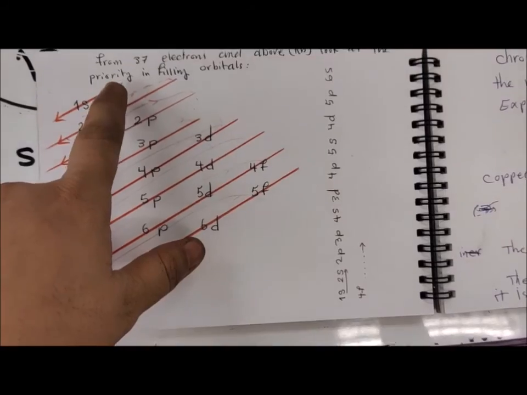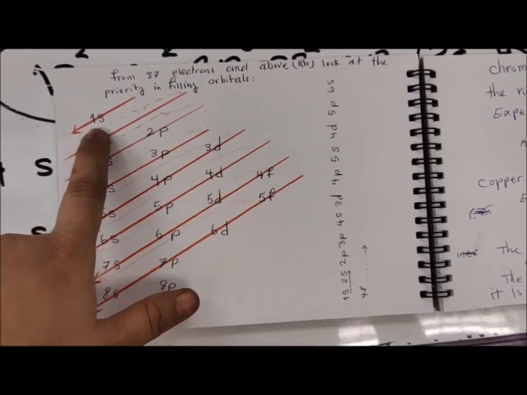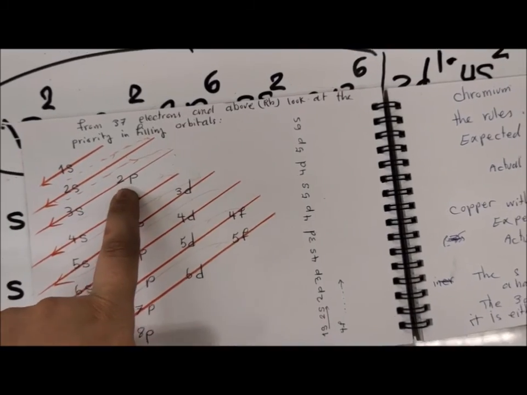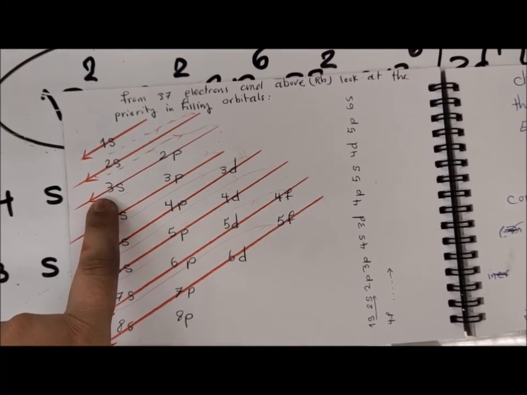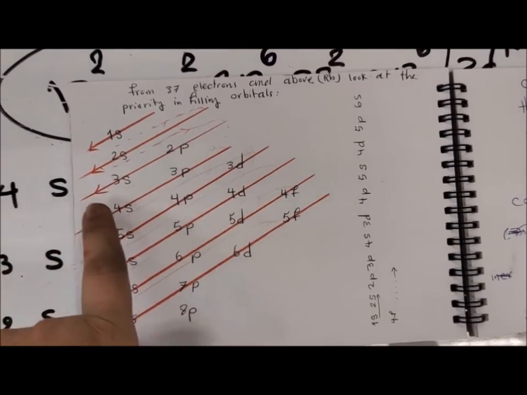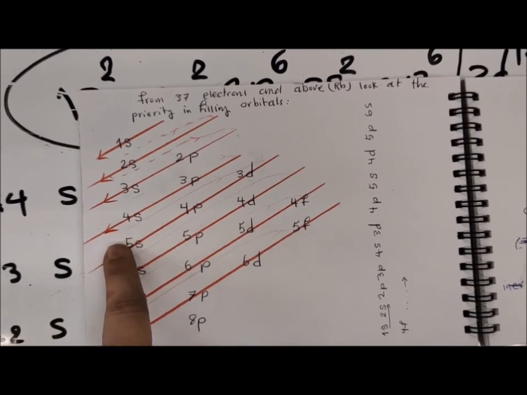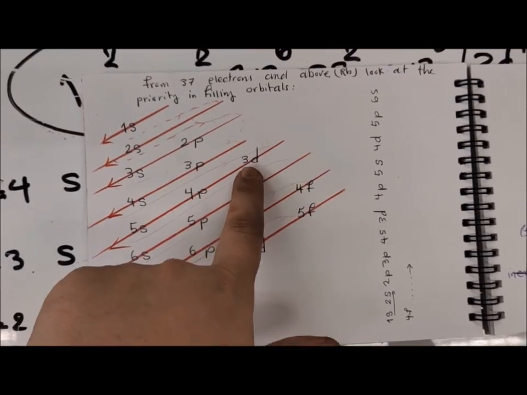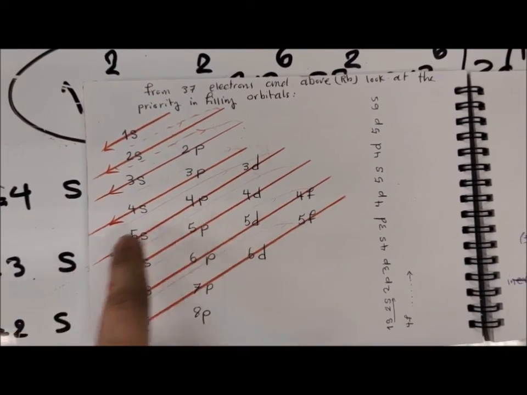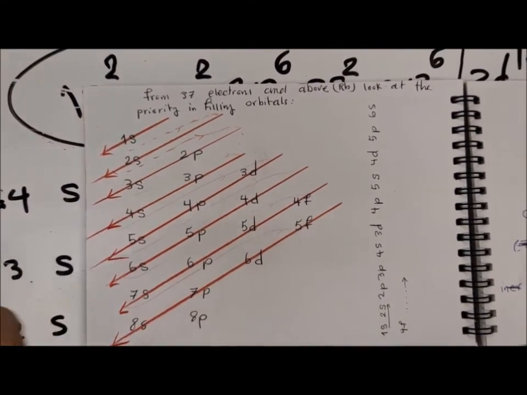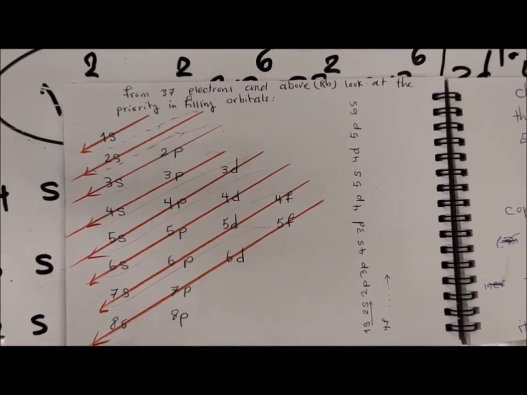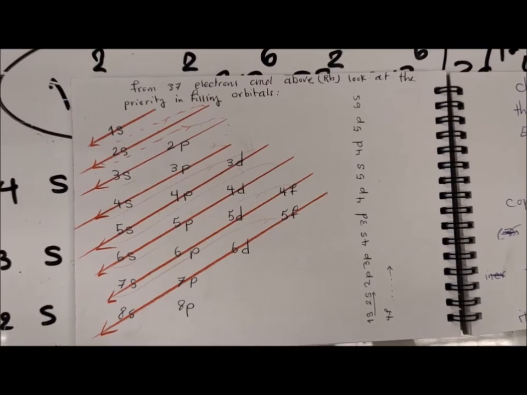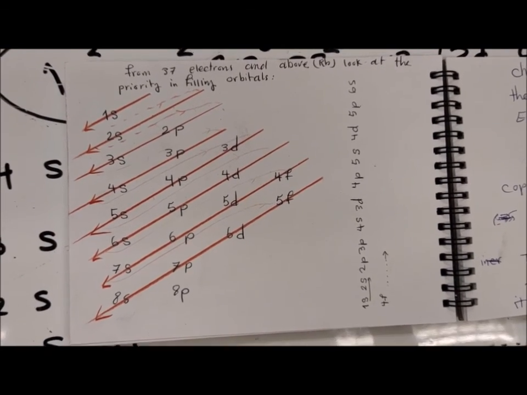As you can see, moving down, first is the 1s, after that is 2s, then 2p, then 3s, isn't it? Then 3p, and the priority is first 4s, and then you go to 3d, then 4p. So when you want to do the next element, if you have a problem, you can also look at this diagram and refer to it, okay? Thank you.